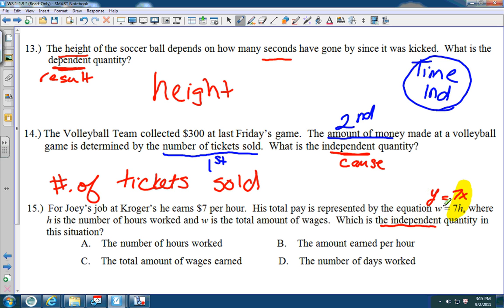Well, right there it has h, the number of hours. So right here, it's not the wages. It's not the number of days worked. Now, is it the amount per hour, or is it the number of hours worked? What is it you have to do first? Well, first you have to work. Well, let's see if I can pull this up. Here we go. So your answer should be A.